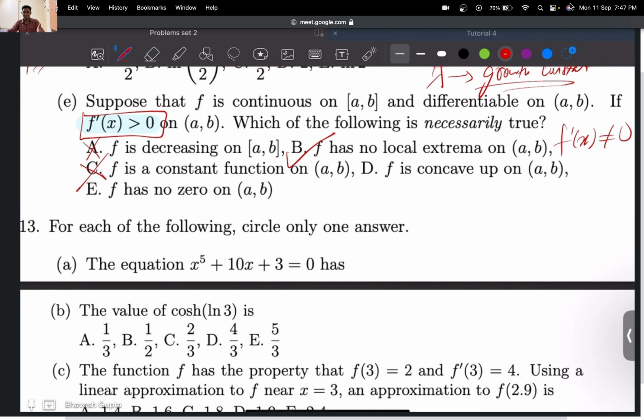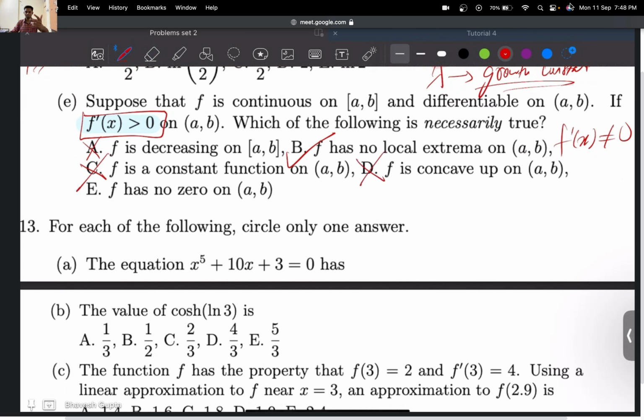The first thing which I said, by looking at this f dash x greater than 0, is a strictly increasing function. And if you check the D part, where f is concave up, is this concave up? Yes, that's true. Concave up, that's true, right? Or is it false? So our answer is actually false.